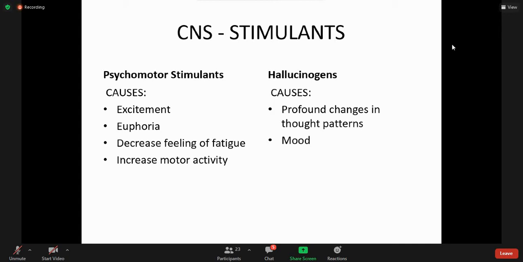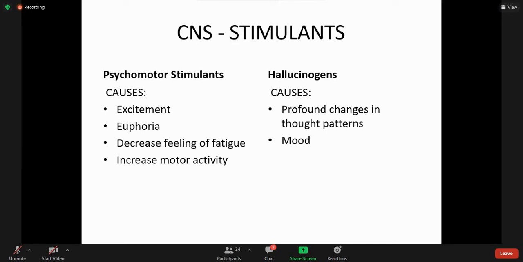Clear? Okay, hallucinogens cause profound changes in thought patterns, which I have already discussed. The false perception can occur, right? And there is a change in the mood, right? And why does a person become addicted or dependent on these hallucinogens?